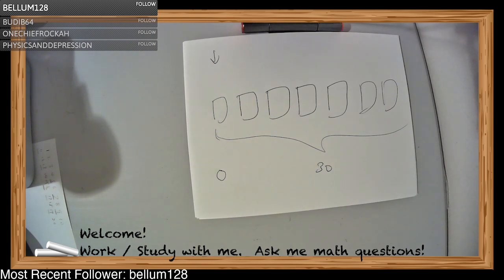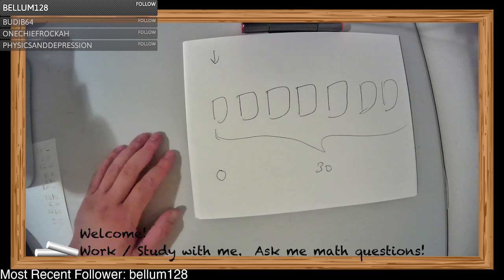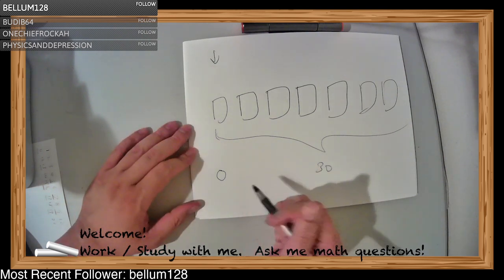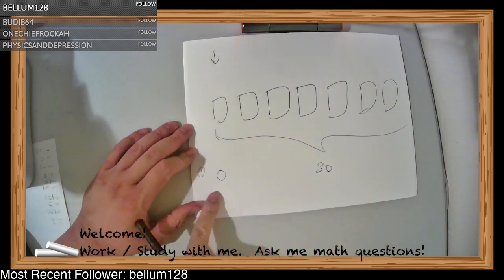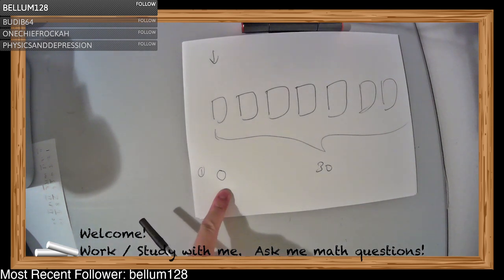Oh man, 2 to the 13th is just 2 to the 10th times 8. Sorry, I didn't mean to say anything about that, but there you go. Oh, 30th. Oh, I thought it was the 13th. Sorry.